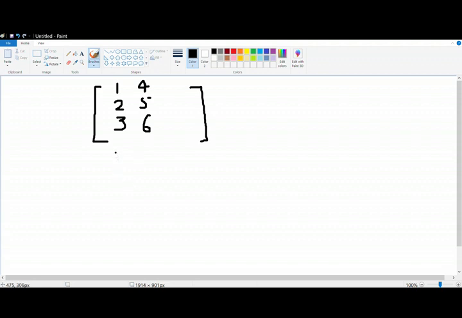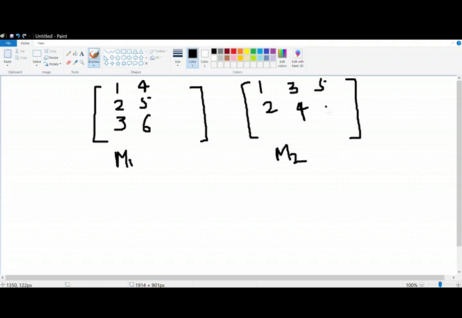Okay, this is matrix 1, and then I have a second matrix, denoted by m2, which is 1 2 3 4 5 and 6. So these are the two matrices we have.